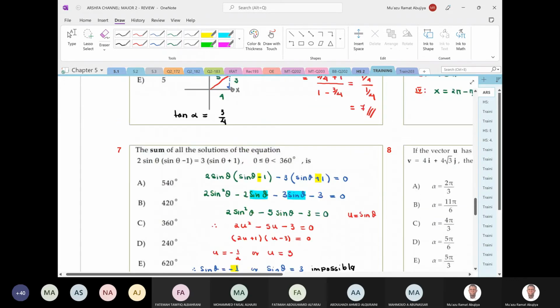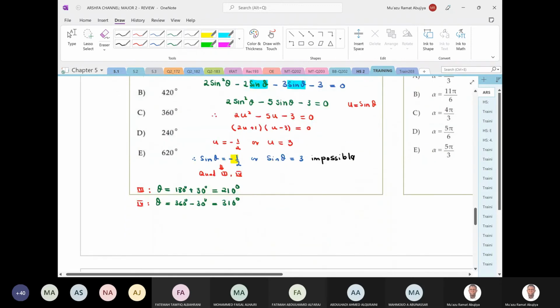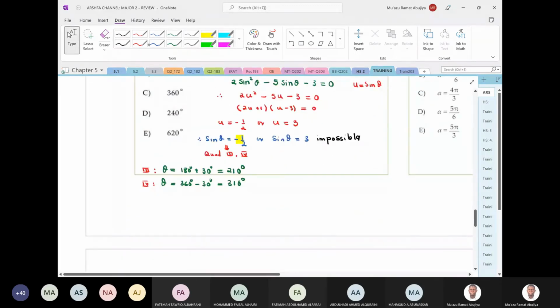What is the question asking for? The question says the sum. So what is going to be the sum? If I combine this one together, the sum is going to be equal to 210 plus, no, sorry, this one is not 310. This is going to be 330.